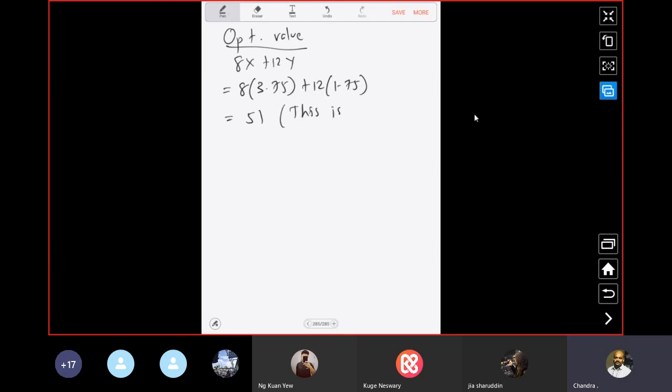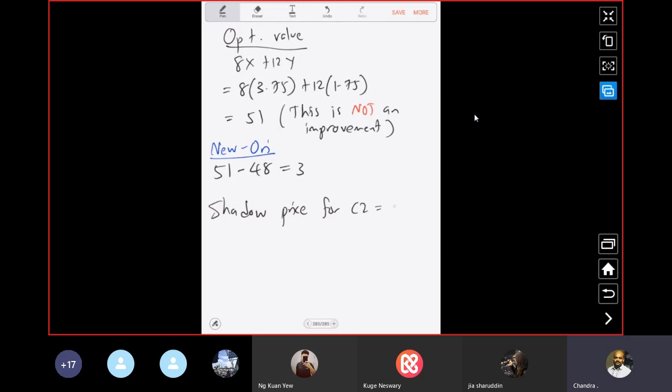This is not an improvement. Take 51 minus 48, which is 3. The shadow price for C2 is 3.